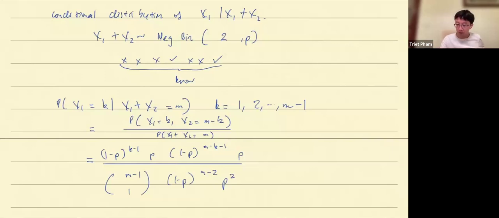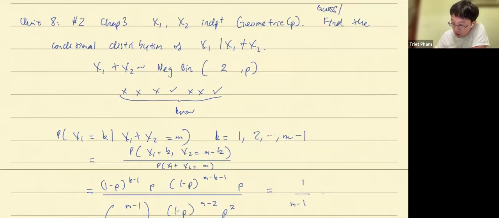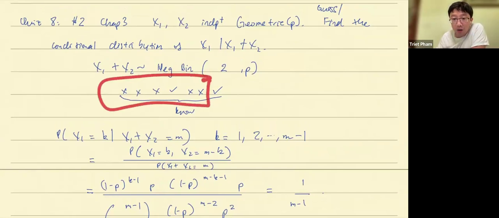So when all is said and done, what do we have? All these terms cancel, leaving us with 1 over m minus 1. Which is what? A uniform distribution, a discrete uniform.